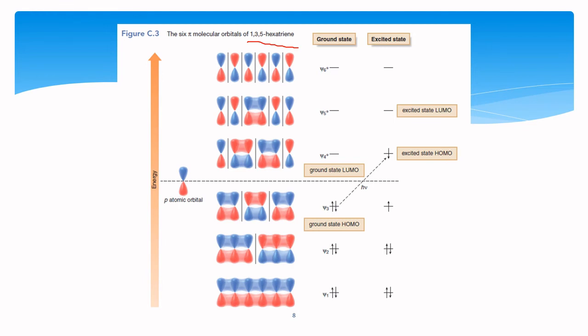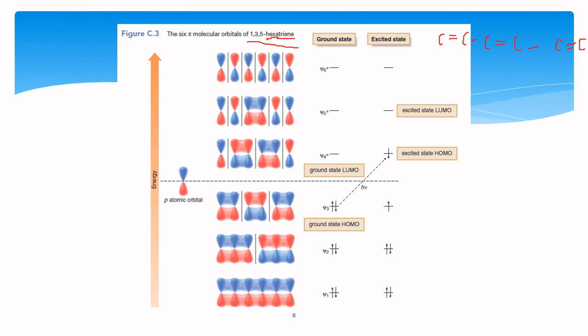We know that hexa means 6, so we have 1, 2, 3, 4, 5, and 6 carbons. And then we have triene, meaning we have 3 double bonds at the positions 1, 3, and 5.